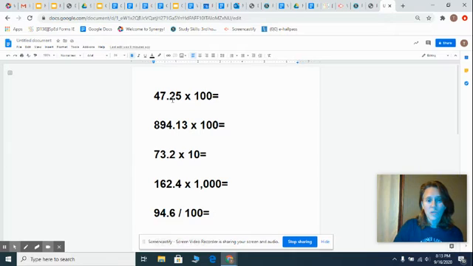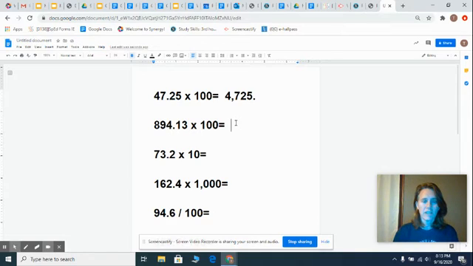Thus, we would move this decimal point 2 places to the right. If you move the decimal 2 places to the right from 47.25, you will end up with 4,725, and the decimal point will be after it.